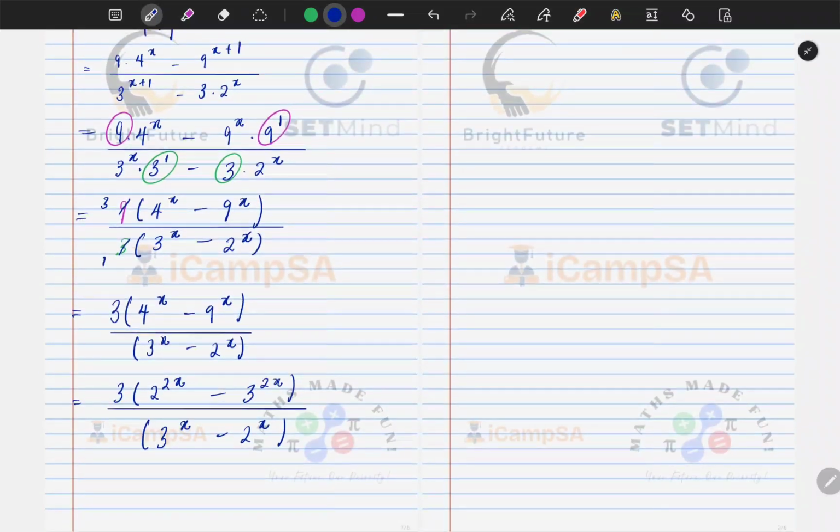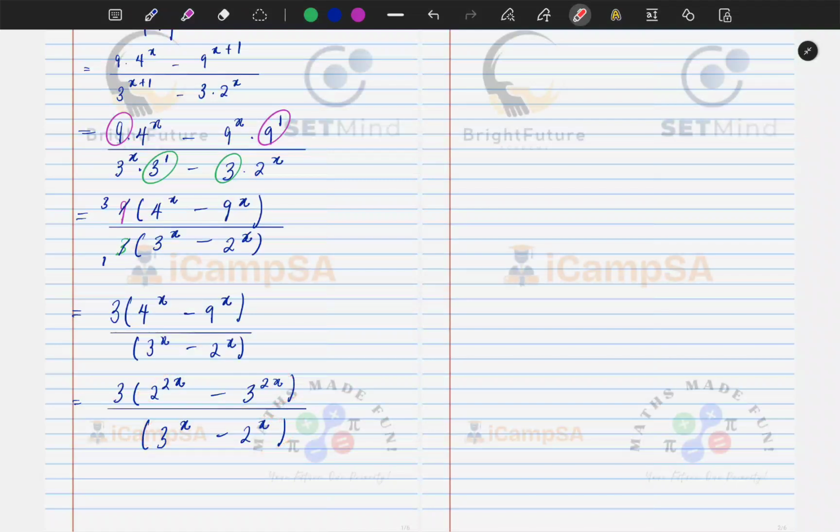Here's an interesting thing. When I look at this and that, they almost look similar, but the difference is the signs.